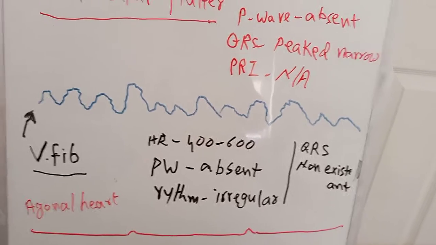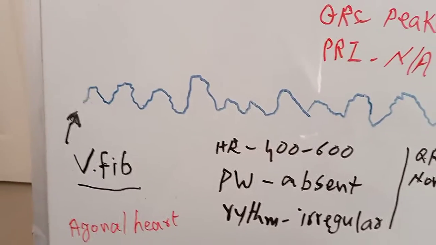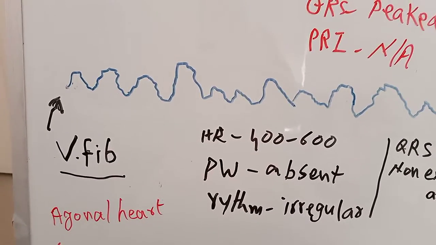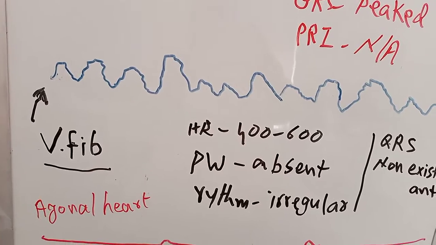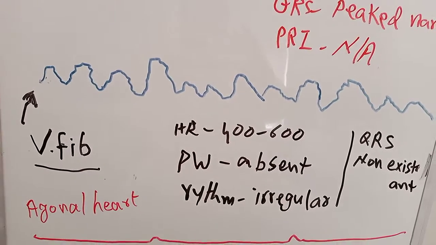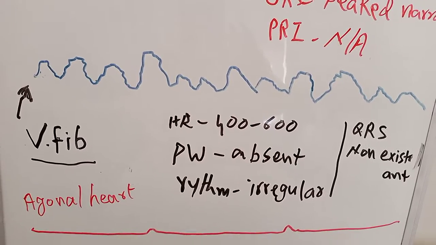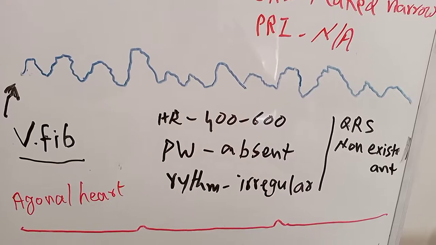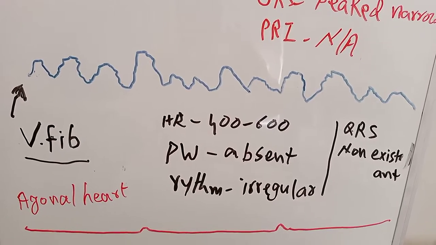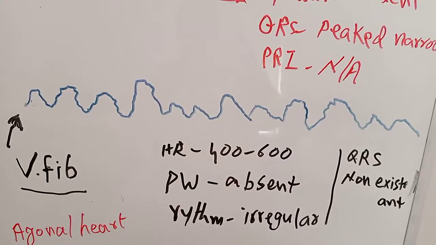So there will be this irregular type of ECG. The heart rate will be 400 to 600. P wave will be absent. QRS is also absent. No QRS, no P wave. Of course, when there is no P wave, the PR interval cannot be calculated. So this will be the picture of ventricular fibrillation.